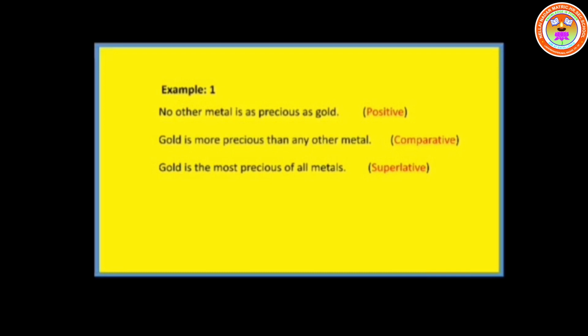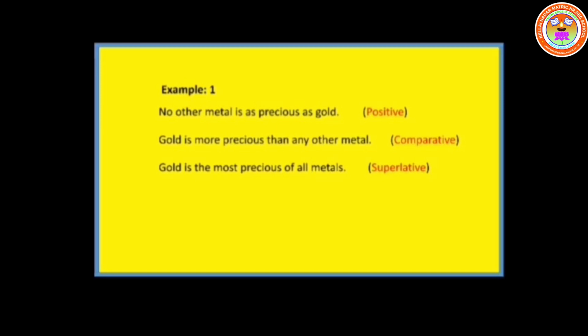No other metal is as precious as gold. Now two things are compared: one is the gold and the other one is other metal. Now, from positive to comparative, when you are changing, no other metal is coming. So how will it be changed? Any other metal should come. Yes.